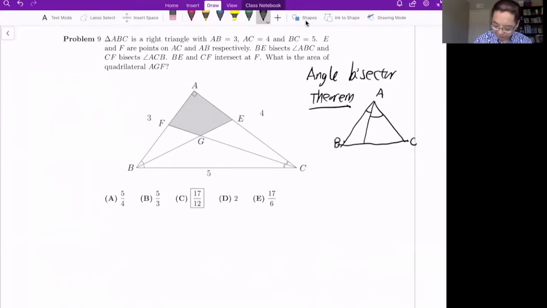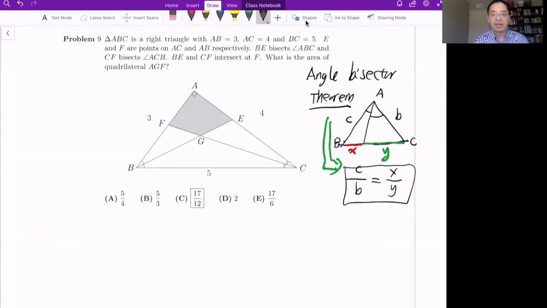Here we have this side C, and this side B. If I put this part as X, and this part as Y, then the angle bisector theorem says we have C over B equals X over Y. So this is the angle bisector theorem.